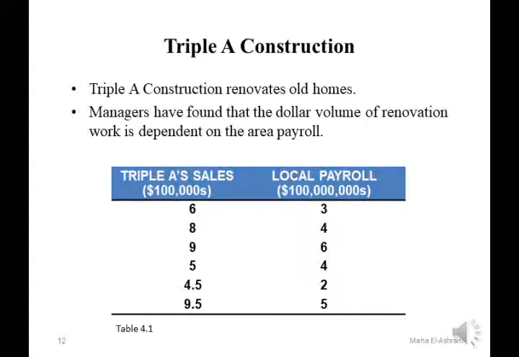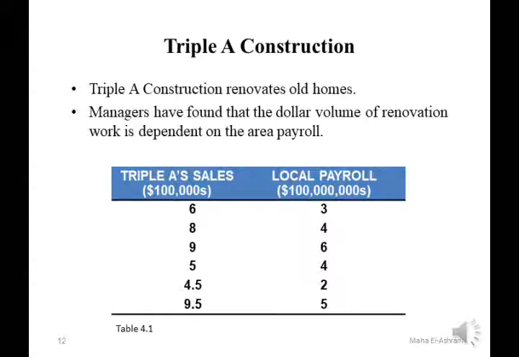What is this 9? This 9 represents that 900,000 in sales came to the company when the workers took $600 million. So these are the sales, and these sales depend on the payroll, the wages, the salary that the workers take from this company.